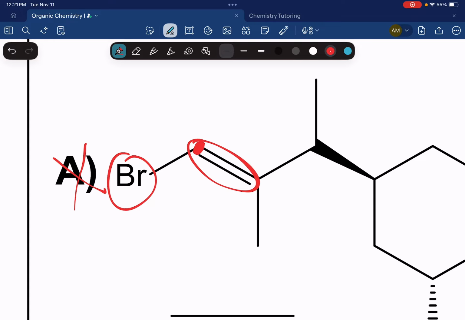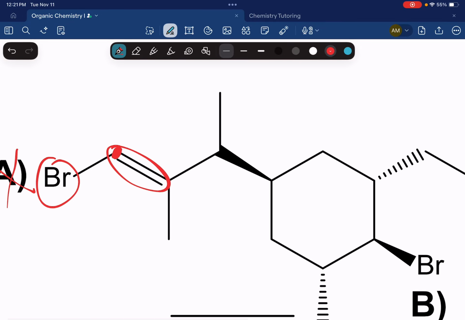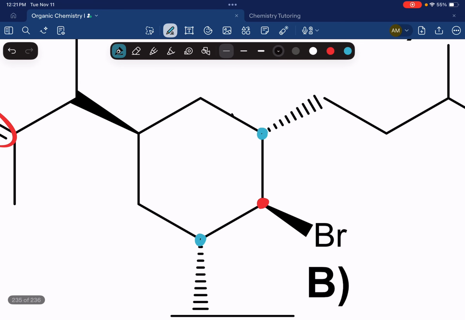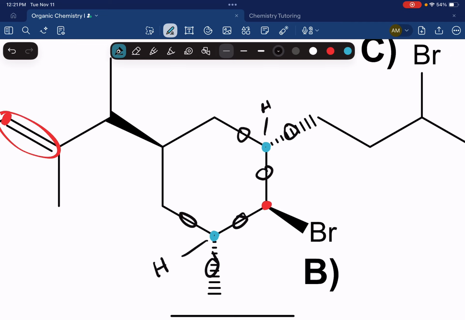So that can't work, right? This one, alpha carbon, beta carbon, beta carbon. This one has 1, 2, 3 bonds, so it still has a hydrogen. This one has 1, 2, 3 bonds, still has a hydrogen.